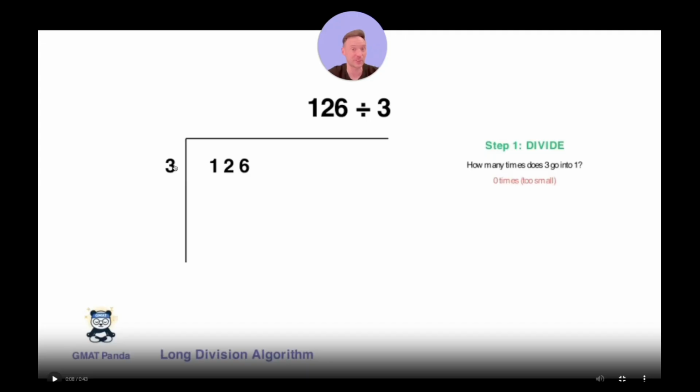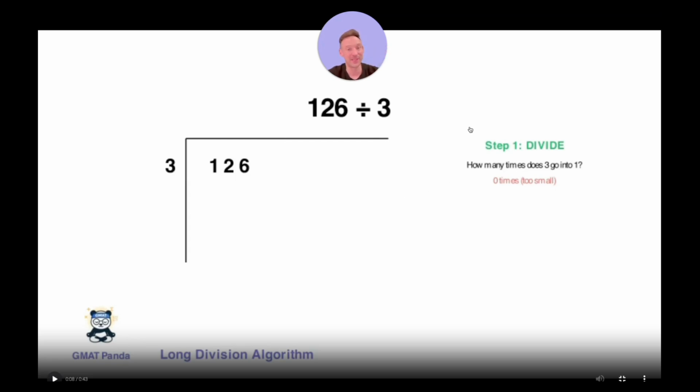One way of laying this out is you write the 126 below this horizontal bar, and then you write the 3 on the left, and you separate the two with a vertical bar like this. Then we're going to follow a step-by-step method, which we're going to recap at the end.